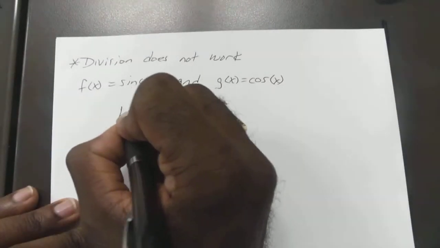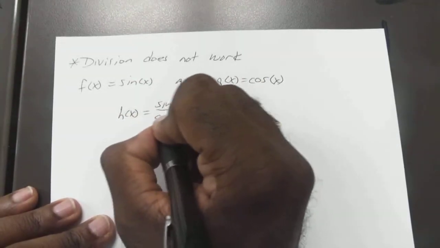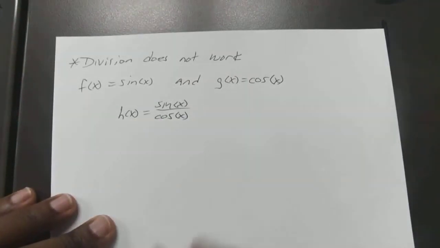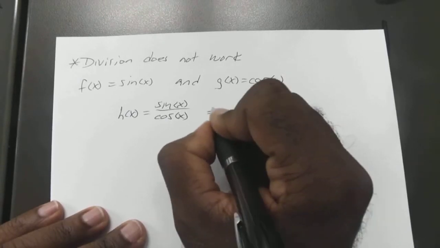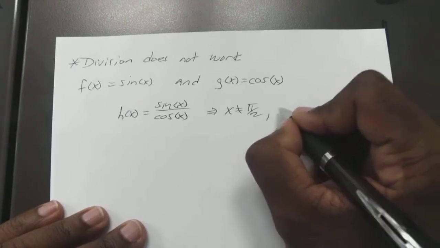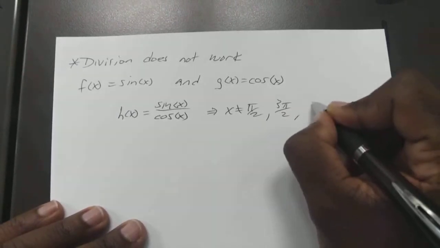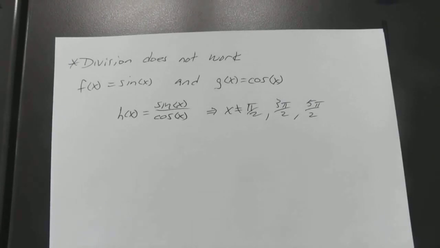So if you have some h of x equals sine of x over cosine of x, then you know your denominator can never equal 0. So that means x can't equal pi over 2, 3 pi over 2, 5 pi over 2, 7 pi over 2, etc., because those are all the spots where cosine of x will equal 0. So you can't have any spots where it's undefined for it to be continuous. That was the only reason why.